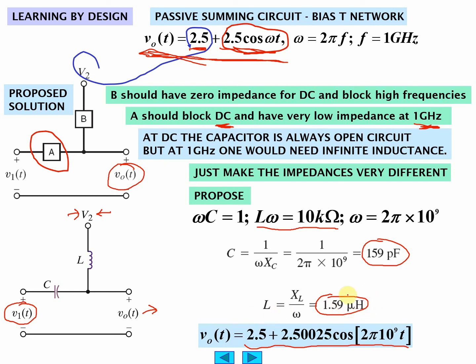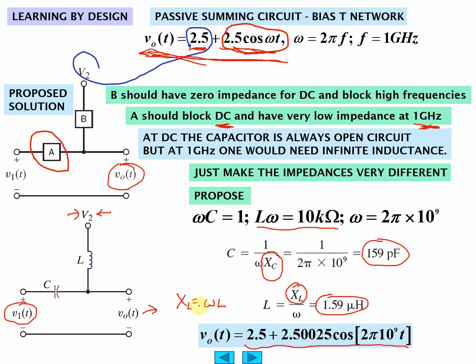Anything else I need to say? Oh, yeah, one more thing. XC. This is called reactance. It is the impedance of a capacitor without the j. This is the impedance of the inductor without the j. That's one thing they didn't talk about in the other slides.